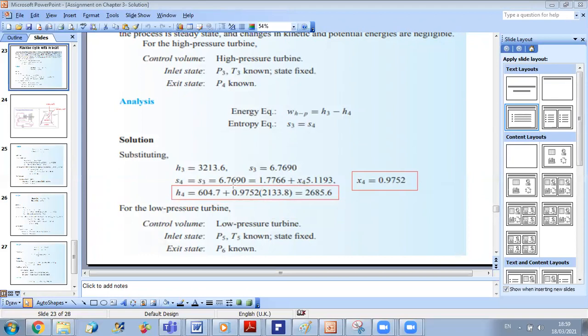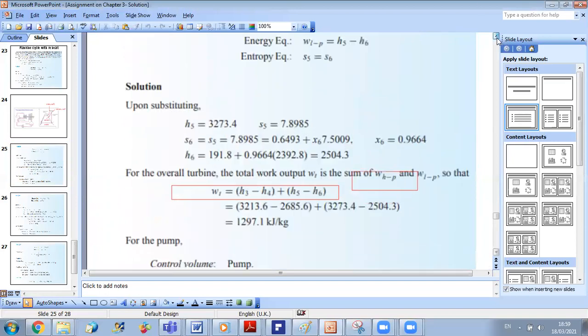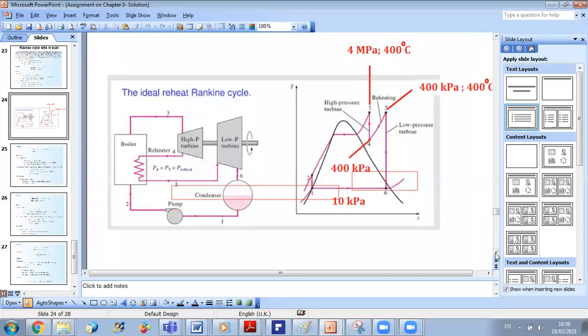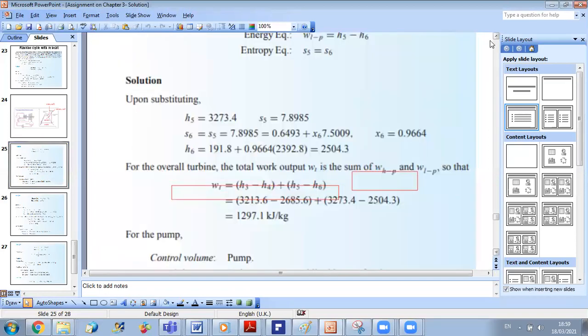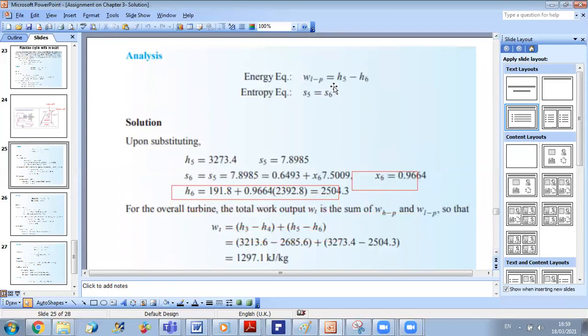After this, between point 4 and 5, when we exit the turbine, we go again into the boiler for a reheat process. In order to calculate the conditions, they used here, as we did, to calculate the work performed for the second turbine.